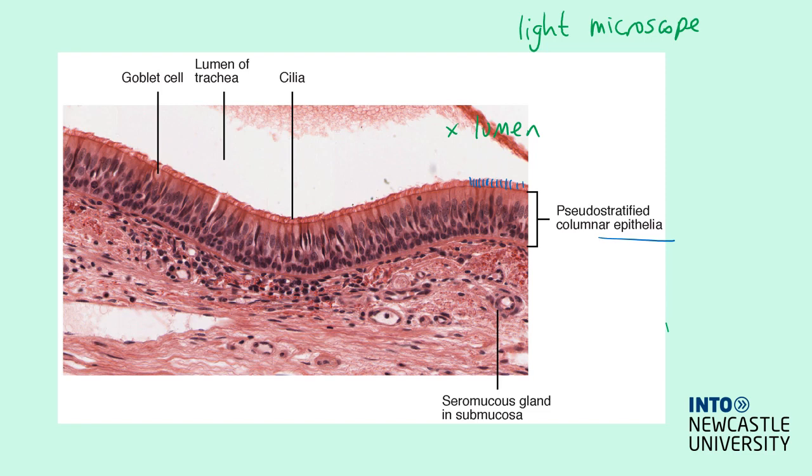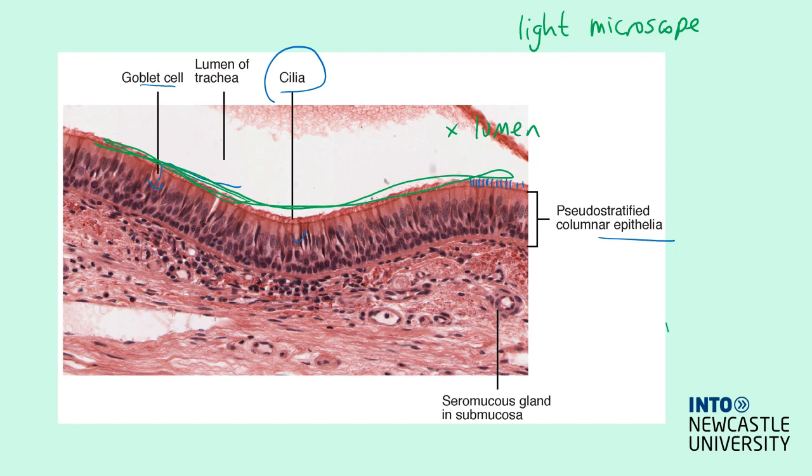These are the little hairs, the cilia, and these cilia will move and waft and sweep. They have synchronized movements, and we have goblet cells that will secrete mucus. So here is a goblet cell, and you've got one here as well. These goblet cells secrete a nice layer of mucus across the surface of the trachea, and then the cilia will sweep the mucus.